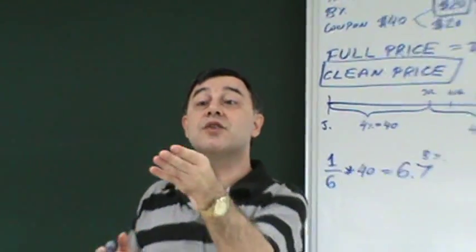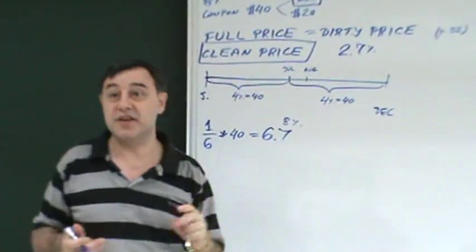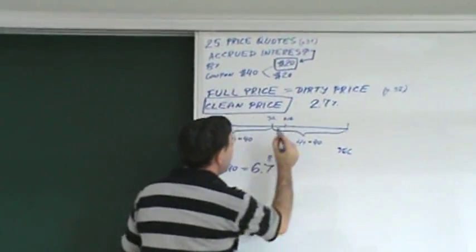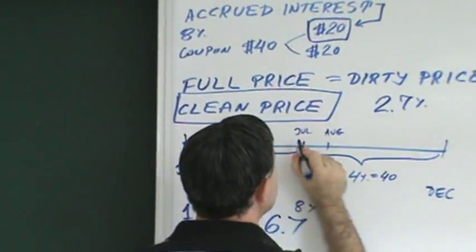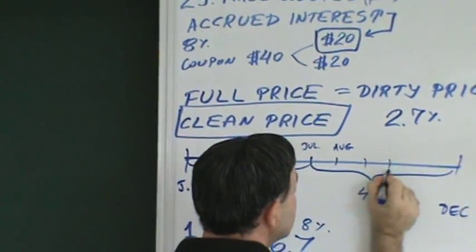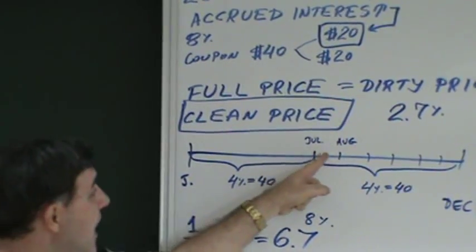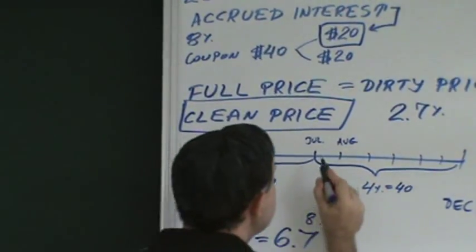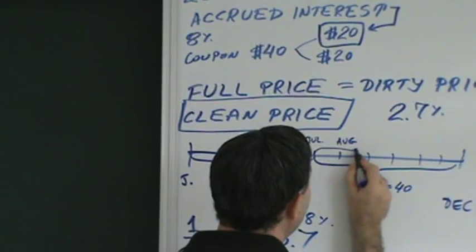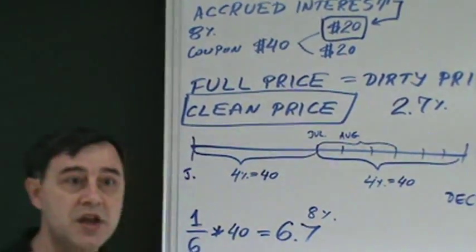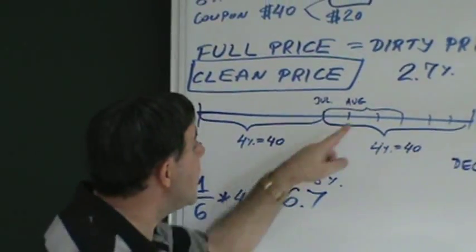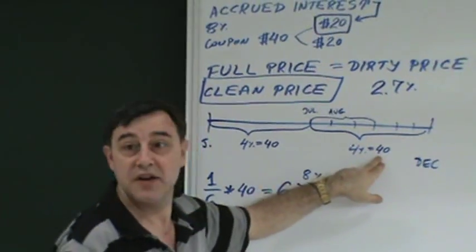Well, now the question is, how did I calculate the 20? Very simple. You have July, August, September, October, November, December 1. So if you have 6 months and you hold it for 3, this means that you have earned 1/2 of 40.